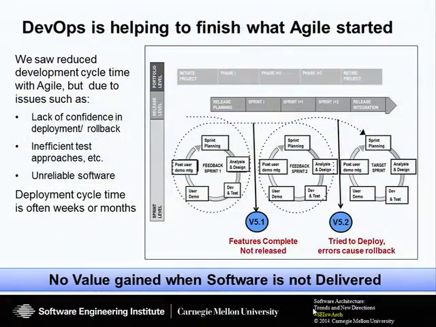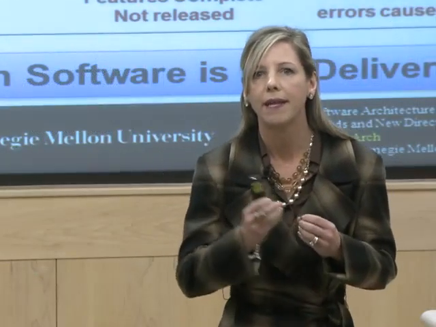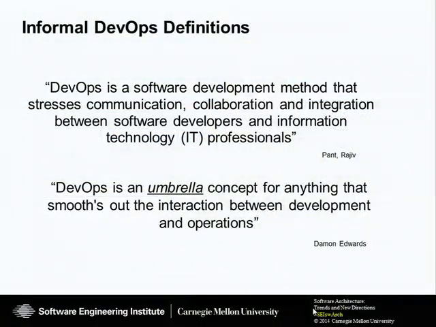So a big part of DevOps focuses on how we get those improvements and continue to propagate those all through the deployment pipeline. Here are a couple of informal DevOps definitions, and these aren't any that are particularly blessed in any way. These are the ones I particularly like.